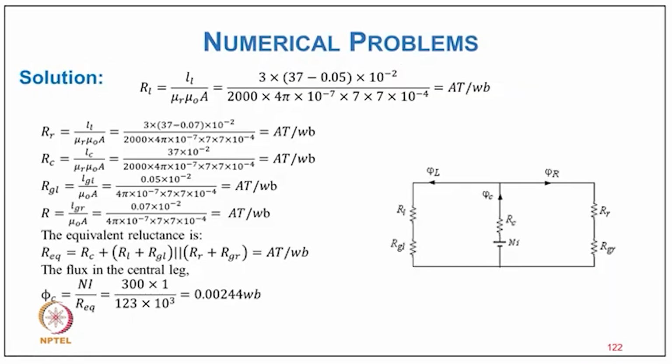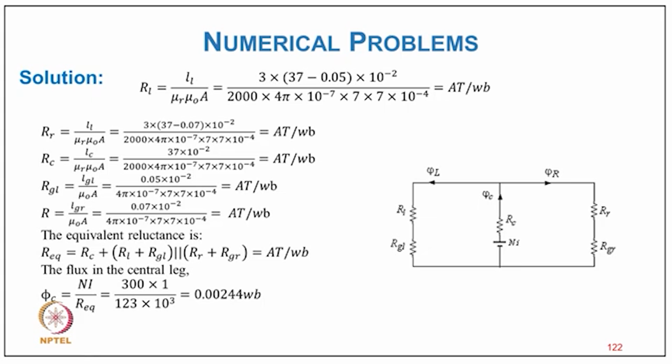With these dimensions, we can calculate with this magnetic equivalent circuit the reluctance of the core, then the air gap reluctance, and the core reluctance. Then we have the other side, the reluctance of the yoke and the air gap in the yoke, with the core length.